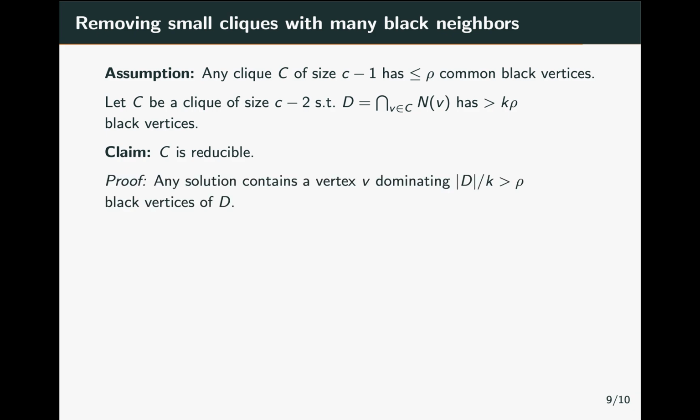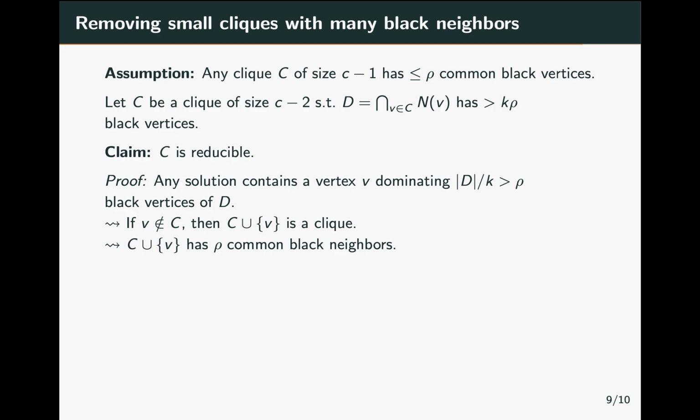To show that this C is reducible, first observe that any solution must contain a vertex, say v, that can dominate more than rho vertices of D. And if v is not in C, because D contains an independent set, C plus v must be a clique, which means that C plus v has more than rho common black vertices.